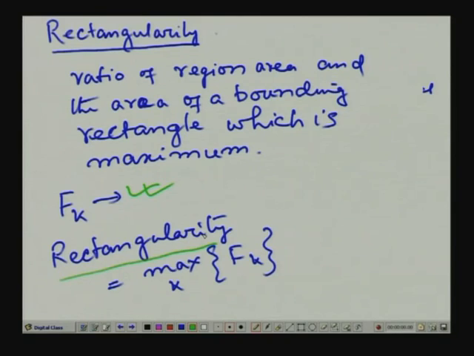And here, when I say a bounding rectangle having a direction k, we have to define what is the direction of a bounding rectangle. The direction of a bounding rectangle is defined as the direction of the larger side of the bounding rectangle.